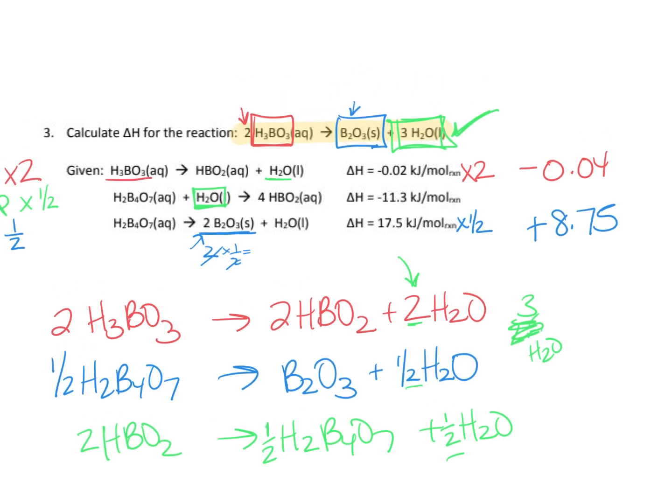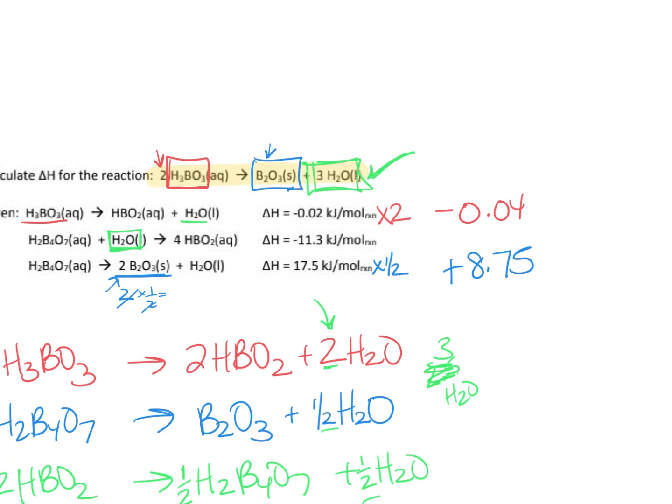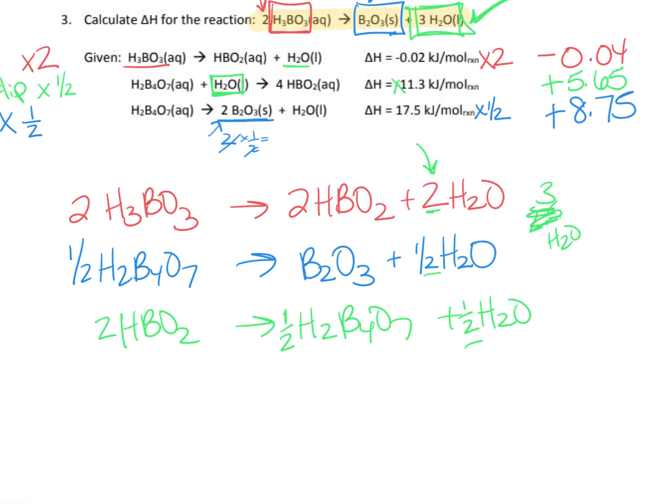And if I look at my delta H, I flipped the sign, so that becomes positive. When I flip, I change my sign, and I multiplied by 1/2, so that becomes positive 5.65. But I also need to check, because this I need to keep.